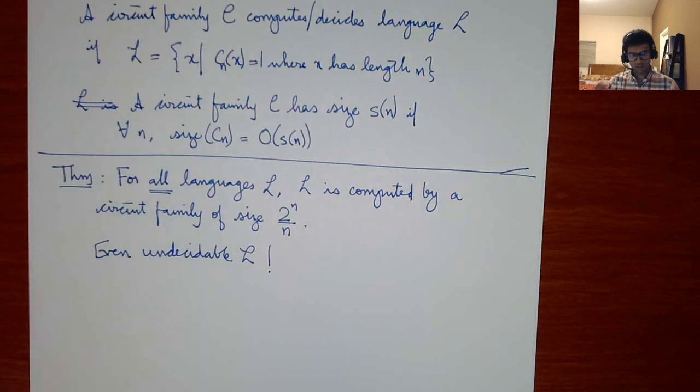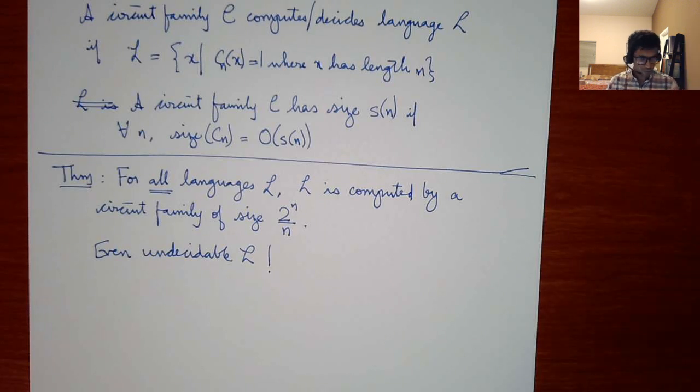Is my question clear? Like how do you write down a circuit? Like you say, okay, here's my circuit of a particular size. Okay, but that doesn't tell you what the circuit of the next size is. So then you say, okay, I'm going to write down the circuit of that size. That doesn't tell you what the circuit of the next size is. So write down that size.